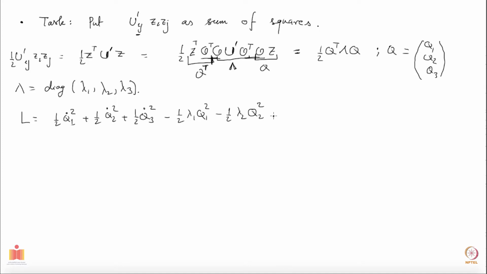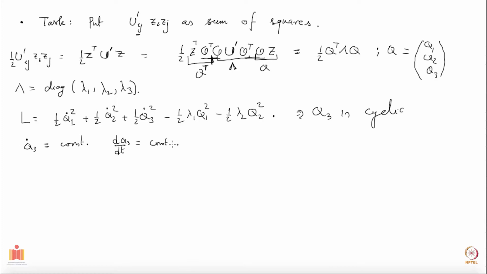Okay, so that term is gone, which means that q3 is cyclic, as I mentioned last time. Which also means that q3 dot, the momentum corresponding to q3, is a conserved quantity, so it has to be constant.